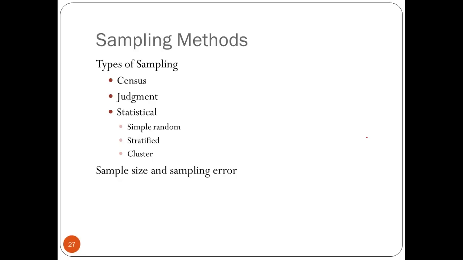Earlier I mentioned that when we collect a sample from the population, it has to be a representative sample. To get a representative or good sample, there are several sampling methods available. There is a method called census. Like most countries, they do 100% data collection in terms of how many people live in a particular country.